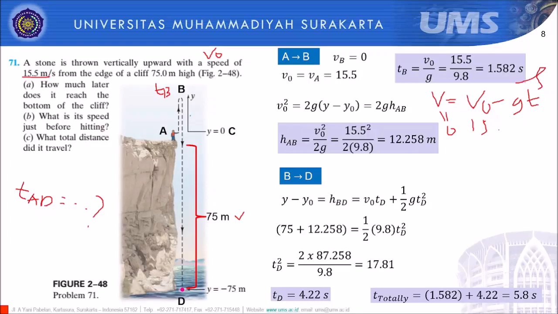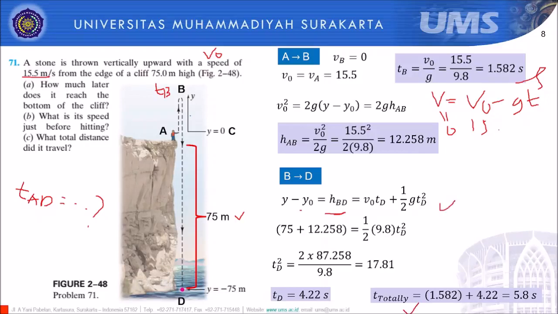free fall. Yeah, free fall mechanism. So from B to D, you need to use the same equation: y minus y0, this is the height from B to D, equals V0 t_D plus (1/2)g t squared.